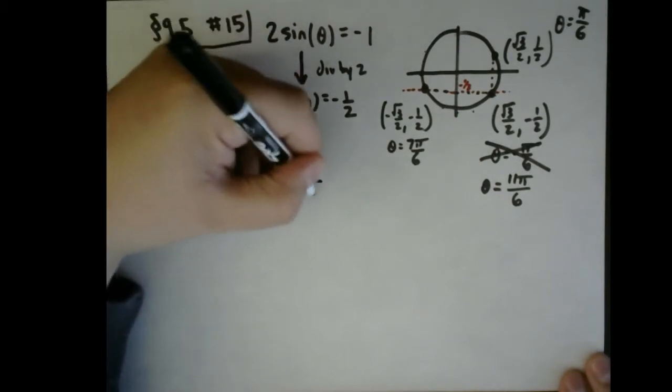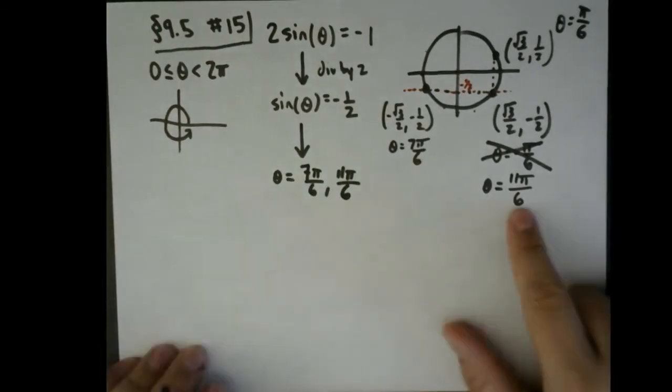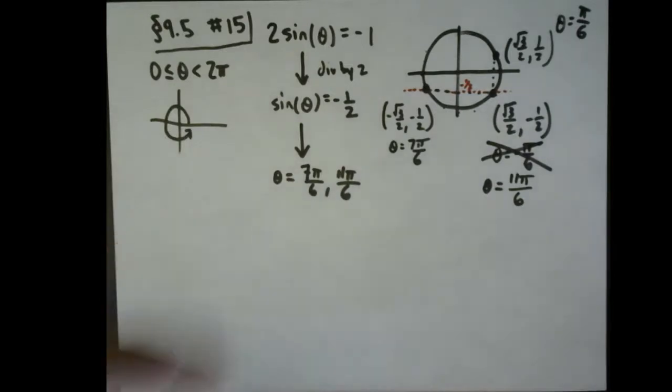You can see that there's only 2. There are no others. But we can't report this as negative pi over 6, again, because of this artificial restriction. If we started letting negatives in, then yeah, that could also be a solution. But as I said earlier in a previous video, there's really infinitely many solutions to this. It's just that we need to specify which ones we care about in which situations.